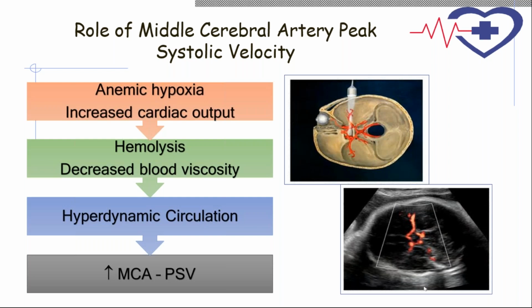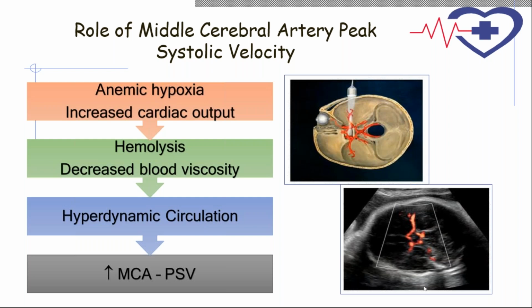Yes, ma'am. Anemia will cause hypoxia in the baby, and the cardiac output in anemia, as we know, is increased. With hemolysis, the decrease in blood viscosity also increases the turbulent flow. There is hyperdynamic circulation, which increases the peak systolic velocity of the middle cerebral artery.